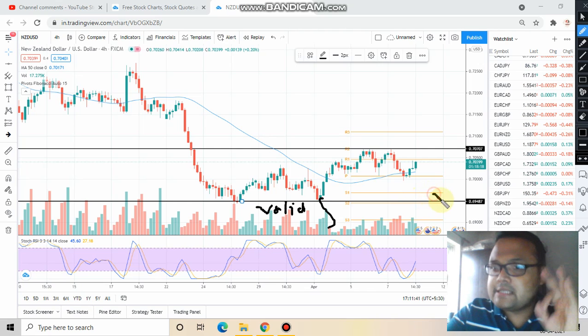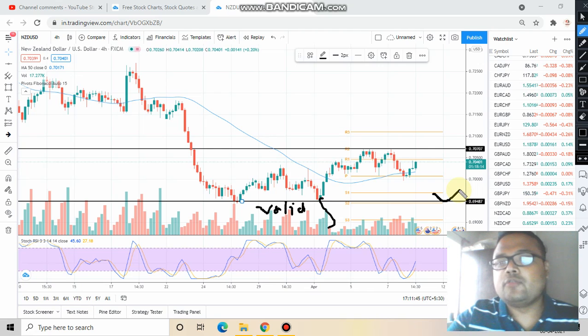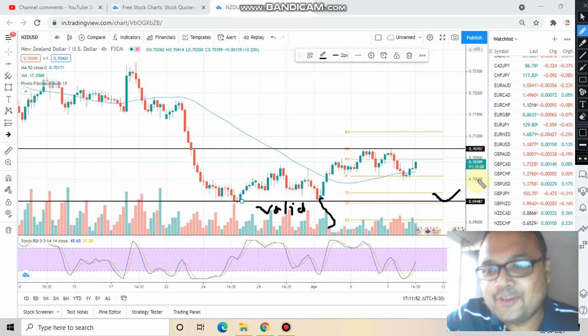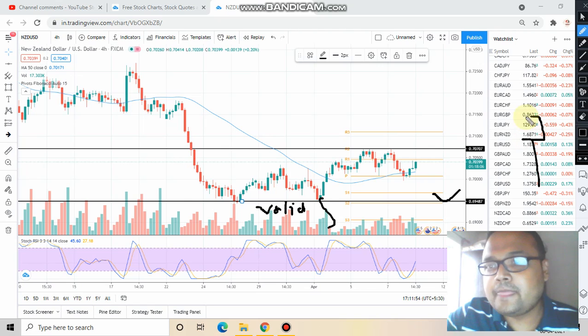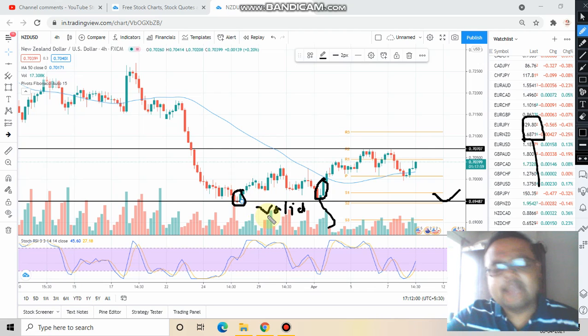If you see price bouncing back from here, then you can easily go for a buy at this level, and you will get the confirmation that it's a valid support. How? You'll get a confirmation in the form of a hammer or a green candle like this. Once you get the confirmation, you can buy just above this line. It's a buy here.